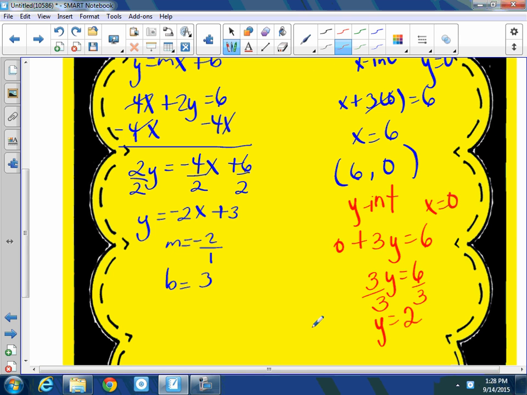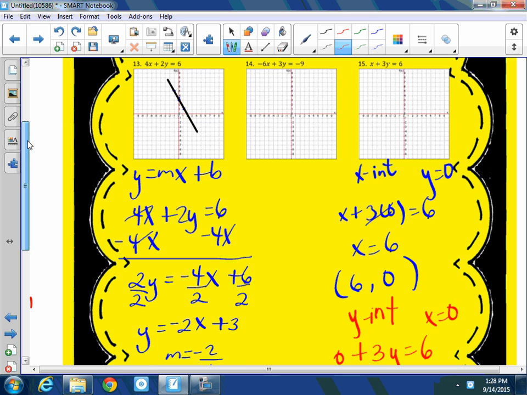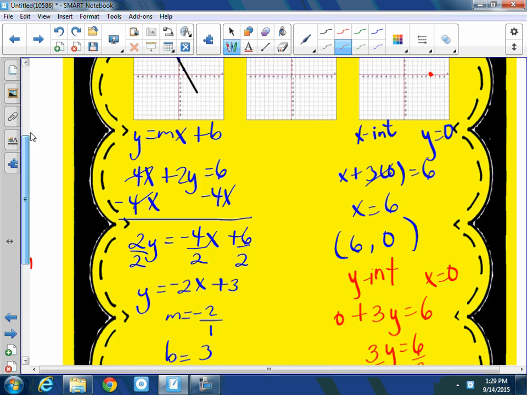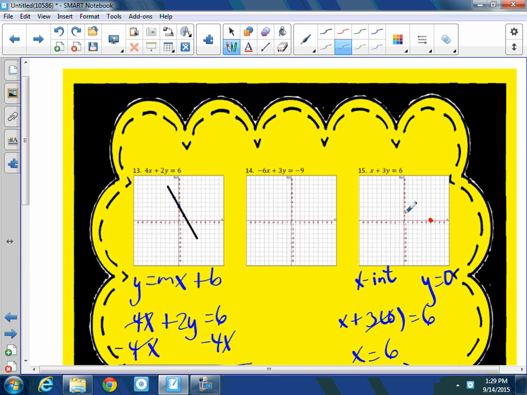So my point would be 0 and 3. And those are the 2 points that I'm going to plot. So 6, 0 and 0, 3. Now let's connect them.